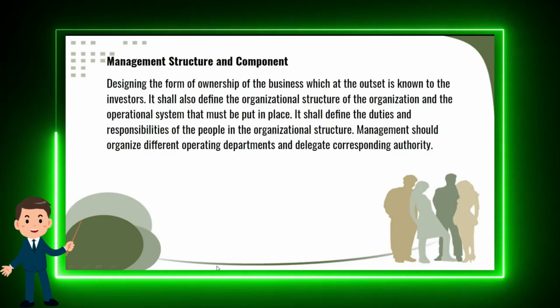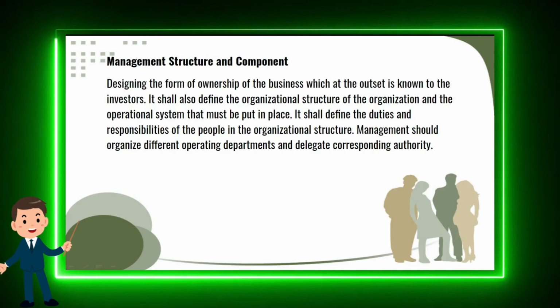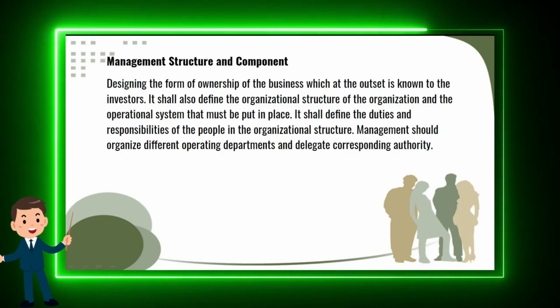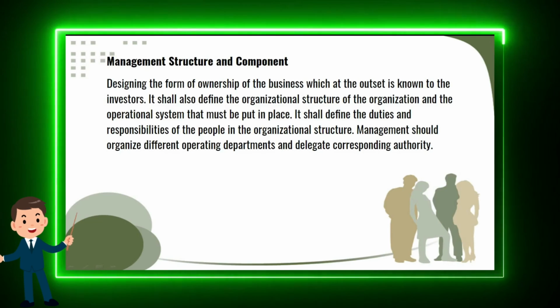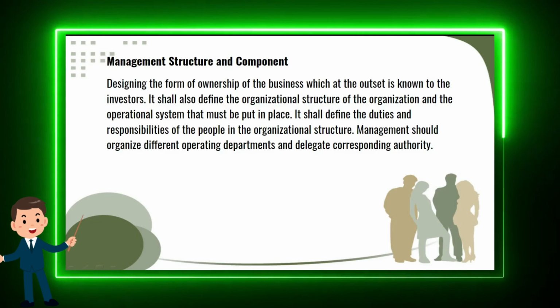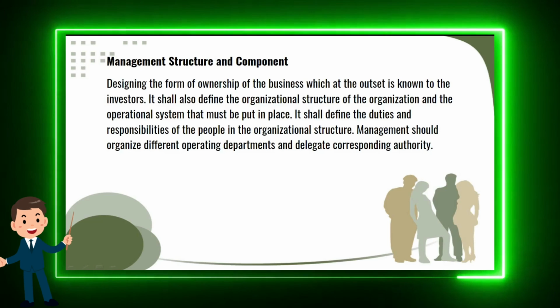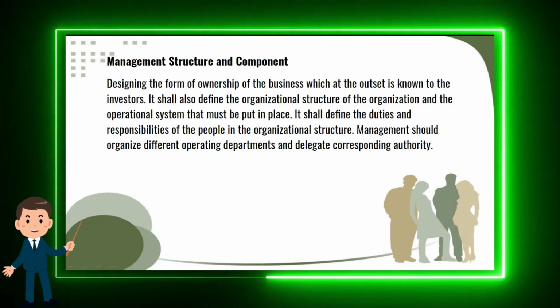Then the next one is the management structure and component. This is all about designing the form of ownership of the business, which on the outside is known as investors. It shall also define the organizational structure of the organization and the operational system that must be put in place.